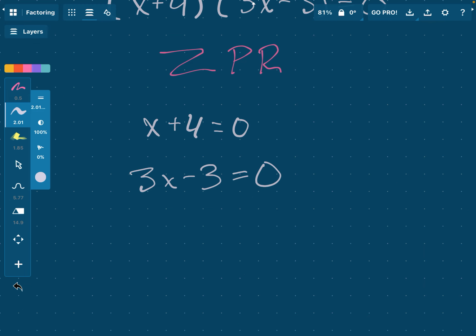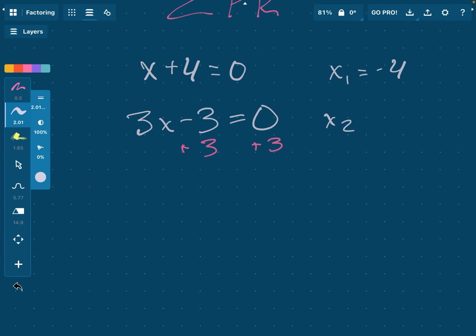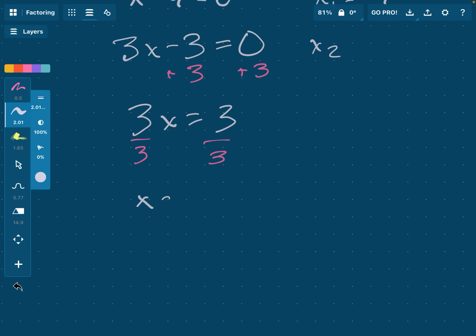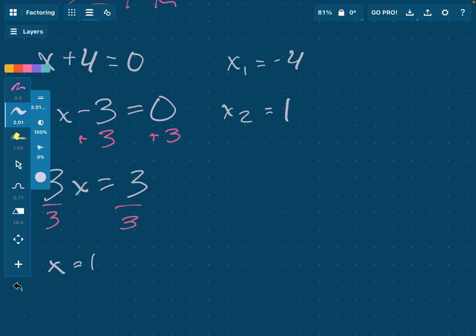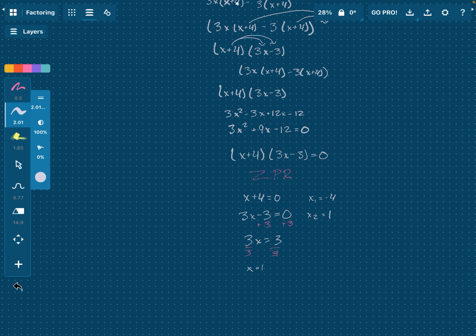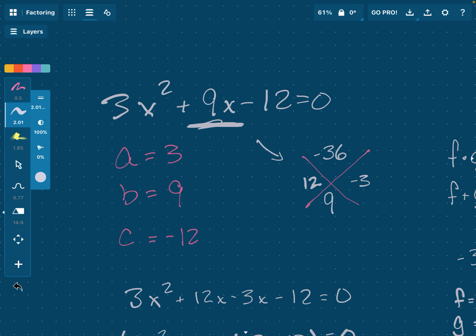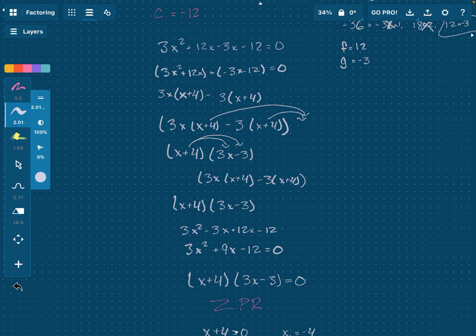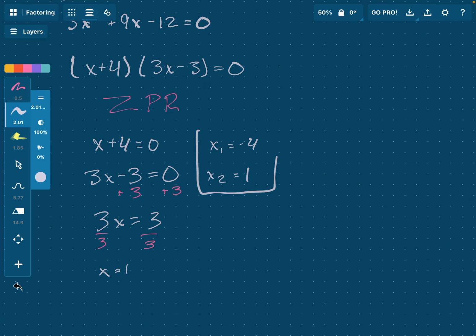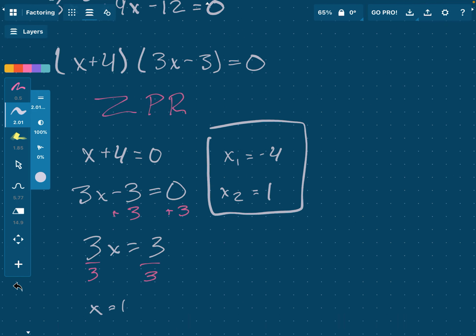So our first root is going to be negative 4, and for our second root, add 3 to both sides, so we have 3x is equal to 3, and then divide by 3 on both sides, so that x is equal to 1. So our second root is 1. So these are the two roots for a quadratic which has an a component. On some of these, there actually is a lot easier way to do this though, and I'm going to show you that now.